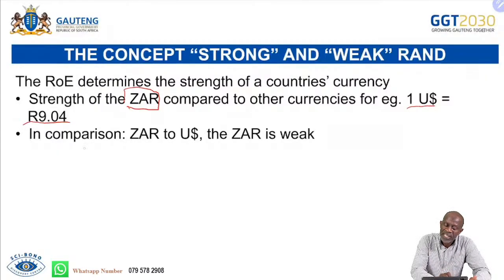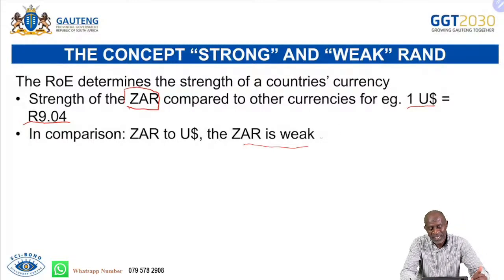In this comparison of the South African rand to the US dollar, we would say the South African rand is weak. There are times when the South African rand is stronger, it's performing better, and during those periods, we refer to it as a strong local currency.